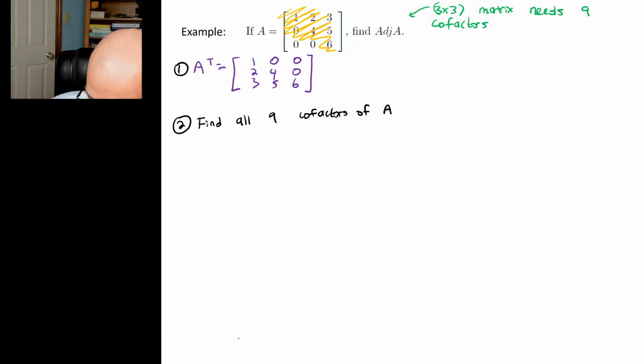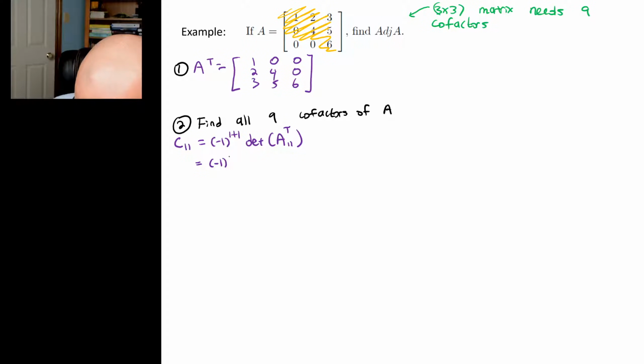Okay, so starting with cofactor, and I'm going to have to write small to fit them all here. C11, negative 1 to the power of 1 plus 1 times the determinant of the submatrix A11, or rather A transpose 1, 1.